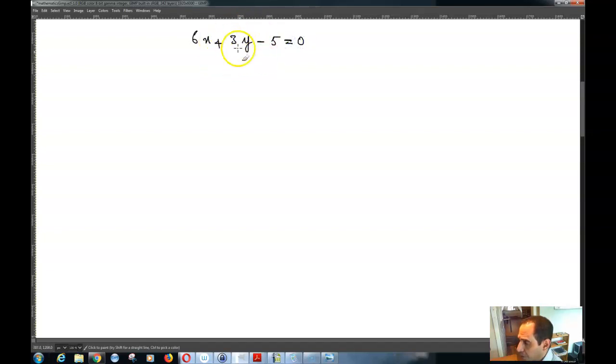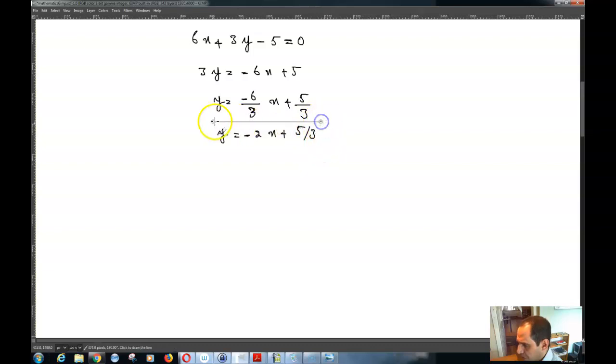Now you can write this as 3y is equal to -6x plus 5, and then y is equal to -6 divided by 3 x plus 5 divided by 3, and so y is equal to -2x plus 5/3.